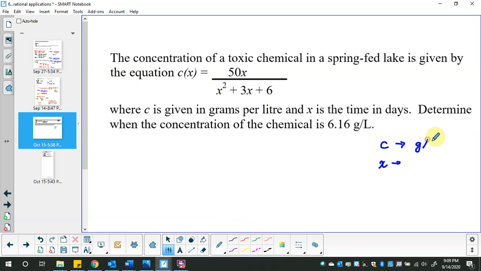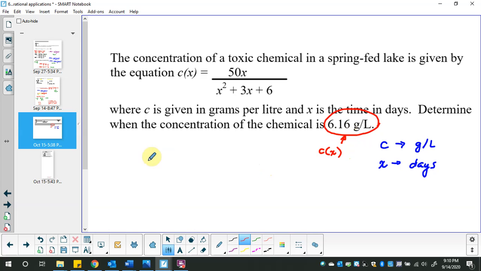So I can write that down and not have to struggle with my therefore statement at the end. And x is the time in days, so I'm just going to scribble down days. So what we have to do is figure out what to do with this thing. And that thing is grams per liter, so that is a C, or more specifically, C at x.